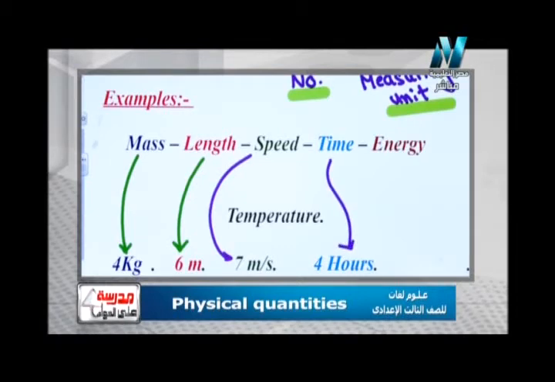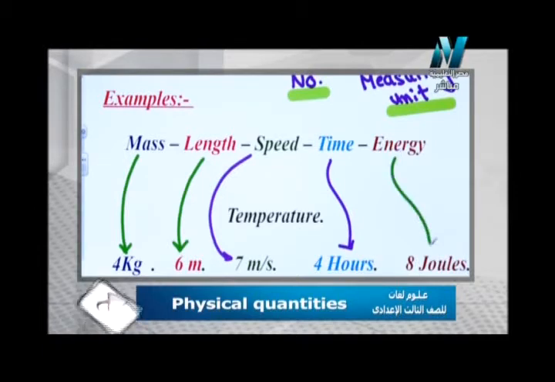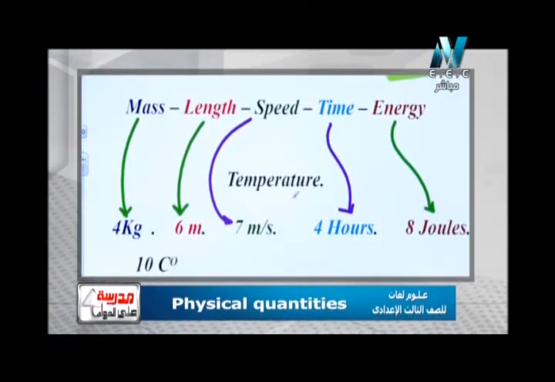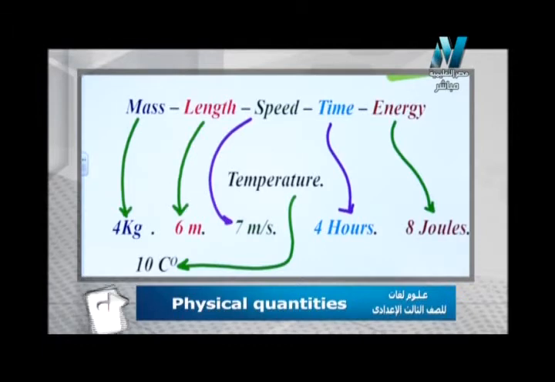If we have, in any example or problem, 8 joules, we talk about energy. And the last example, if we say 10 Celsius, we talk about temperature. So in any example here, we identify the physical quantity by knowing the magnitude only.